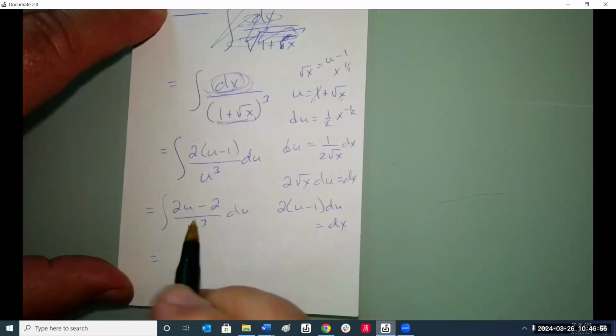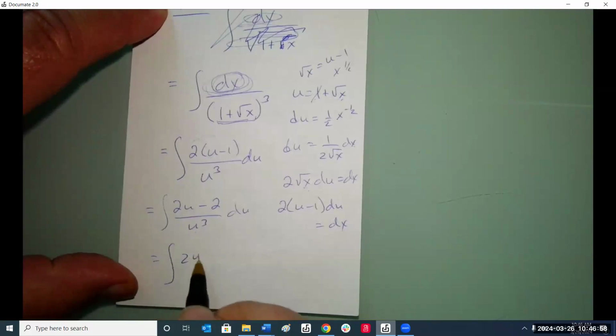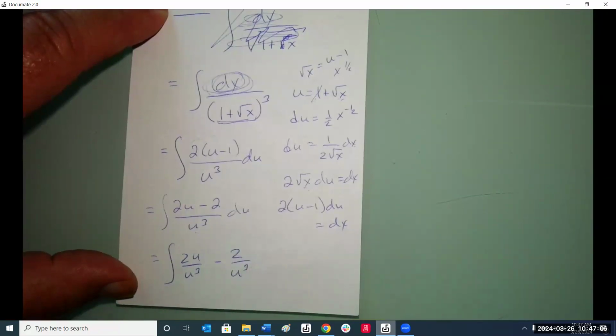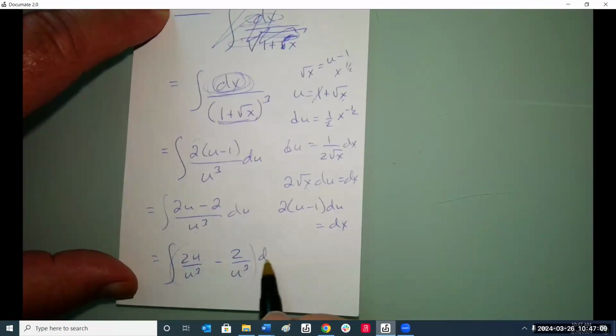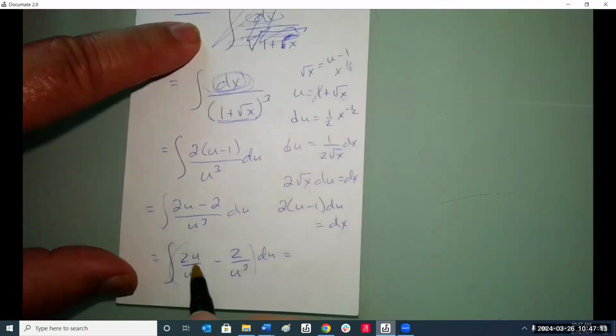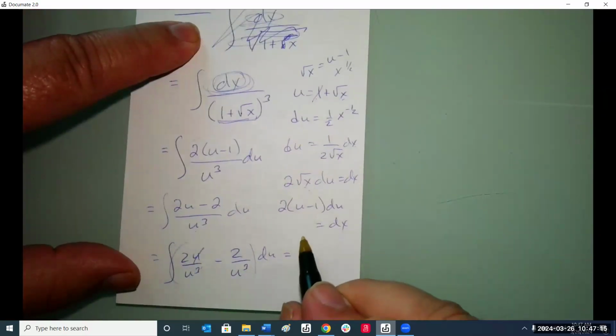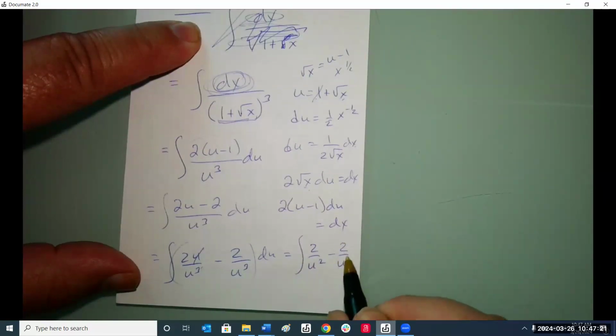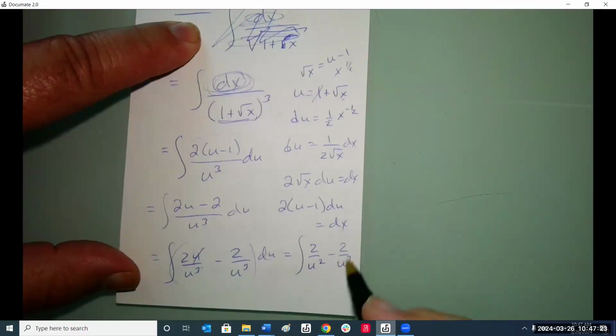We have a monomial on the bottom, so we can split those up: 2u over u cubed minus 2 over u cubed du, which equals, the u cancels, so we have the integral of 2 over u squared minus 2 over u cubed du.